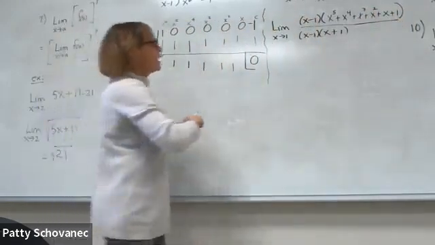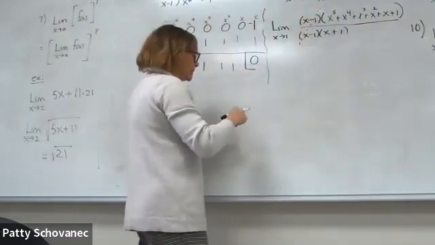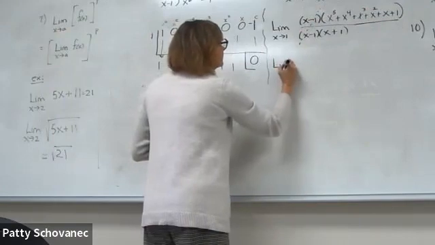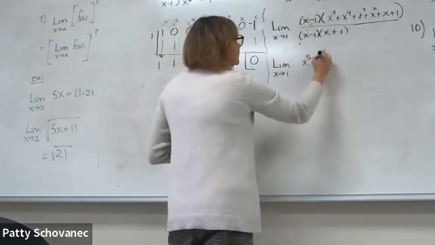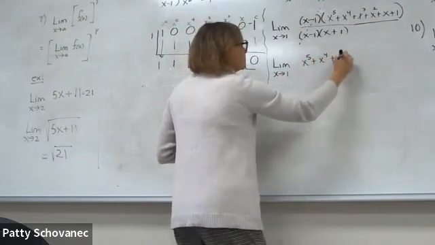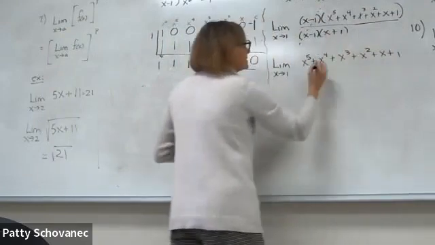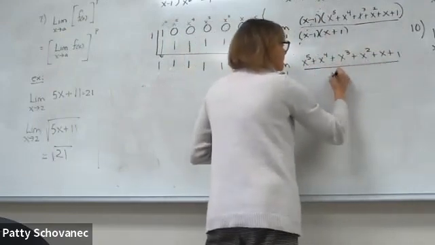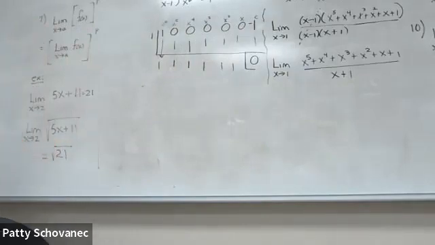And now cancel the common factor. And we take the limit with what's left: x to the 5th plus x to the 4th plus x cubed plus x squared plus x plus 1. And I still have an x plus 1 on the bottom. So what do you get?